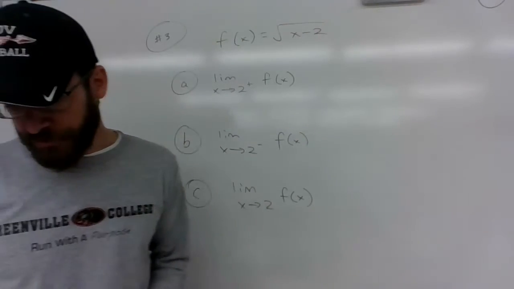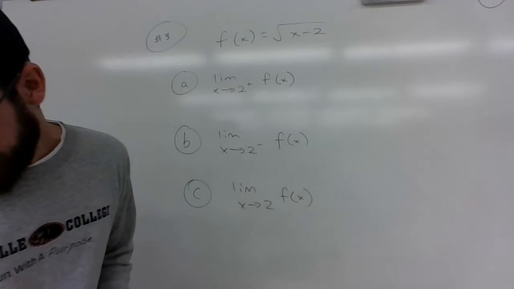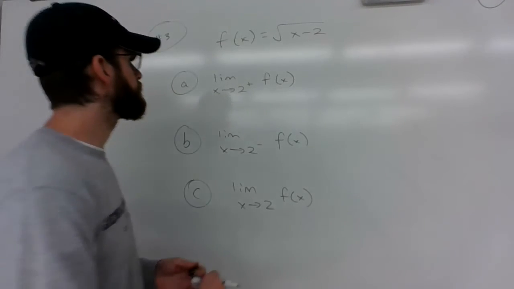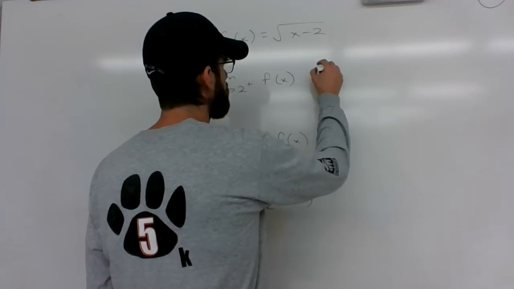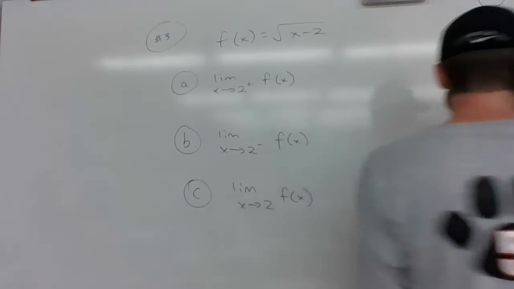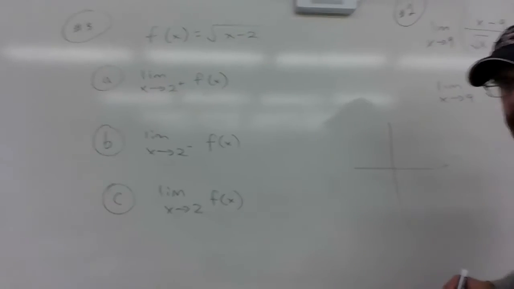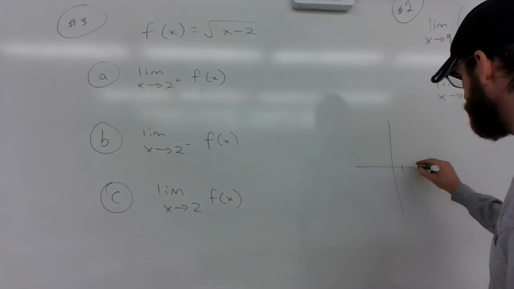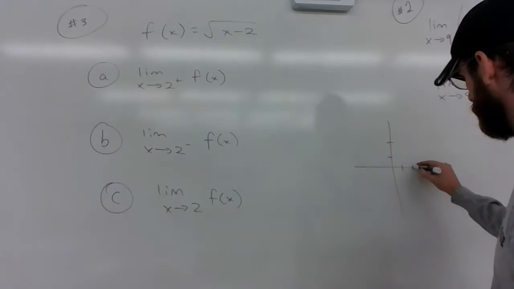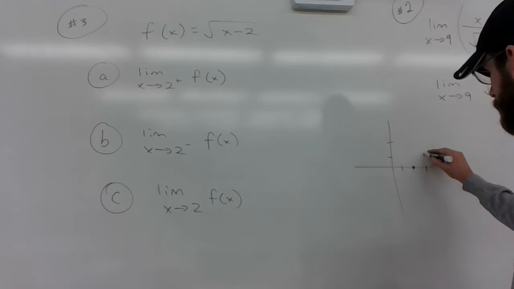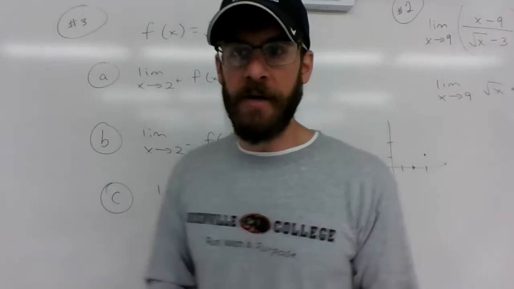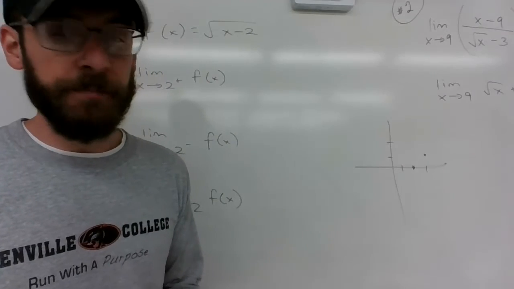So the first thing I would do is actually graph it. This is shifted right 2 units, and it looks like a sideways parabola. We talked about that in our last, really the last chapter, right?